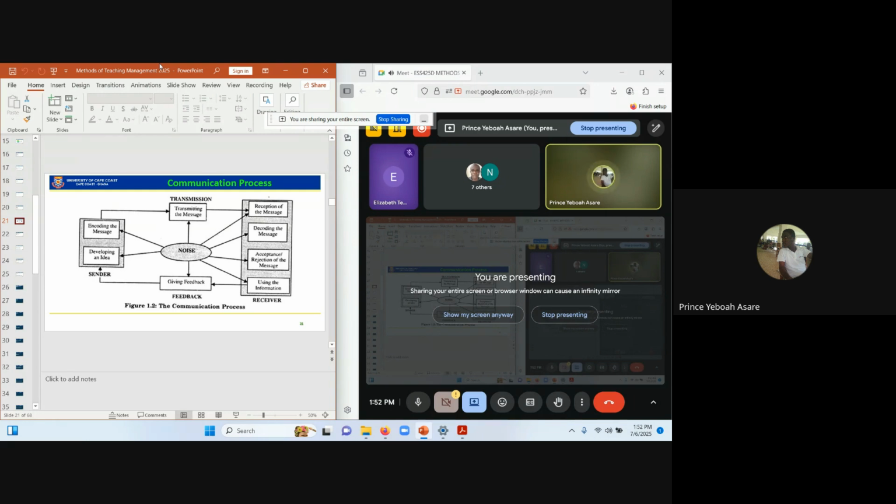That will help the message to be transmitted to the student using appropriate media, either by words or by some kind of facilities, resources, whatsoever, to get to the student. Once the students receive the message, they will also decode the meaning of the message with the help of their perceptual organization.